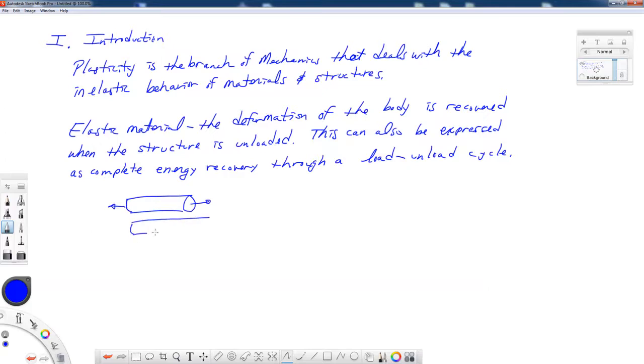I'm going to exaggerate this a little bit. And when we let go of that load, if it goes back to its original dimensions, then we would say that we have had elastic deformation. All of that deformation has been recovered.